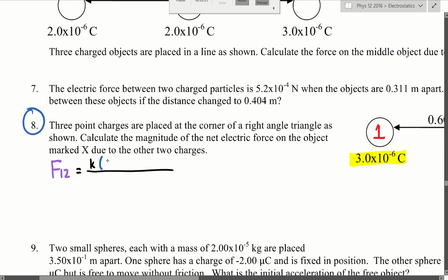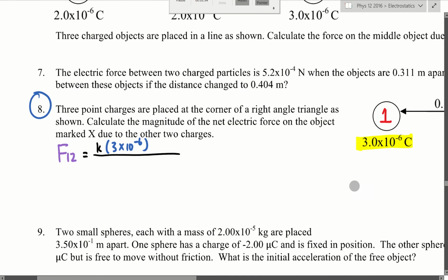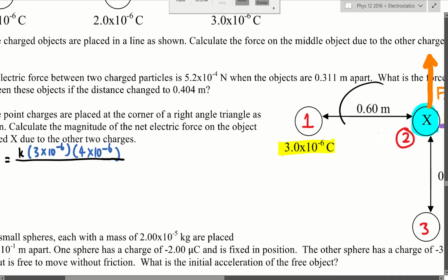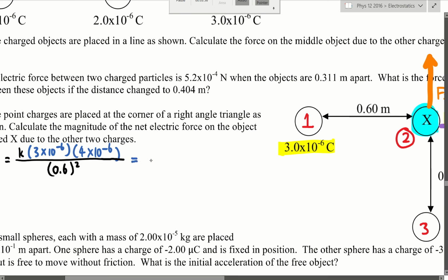Charge 1 is 3 times 10 to the negative 6, and charge 2 is 4 times 10 to the negative 6, over distance 0.6, squared. Don't forget the square. That is going to be approximately 0.3 Newton.